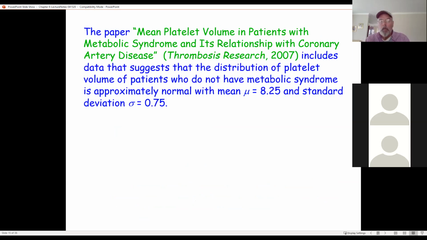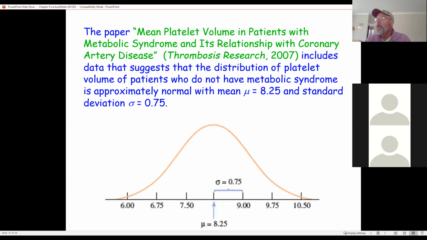This too was something that we went through, and we said that this is a normal distribution. It's a bell-shaped curve. In this situation, the mean is at the center, which is 8.25, and the standard deviation of that population is 0.75.